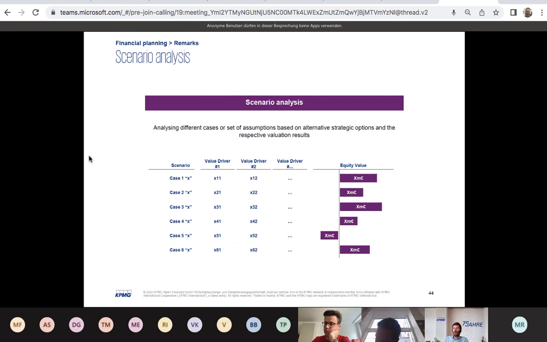In the end, it's always important to remember that for valuation purposes, we need expected values. So you would really need to have the expected revenue in your revenue planning so that your free cash flow represents the expected free cash flow. And expected means all of your different scenarios are weighted to show the expected revenue, for example, or the expected EBIT.